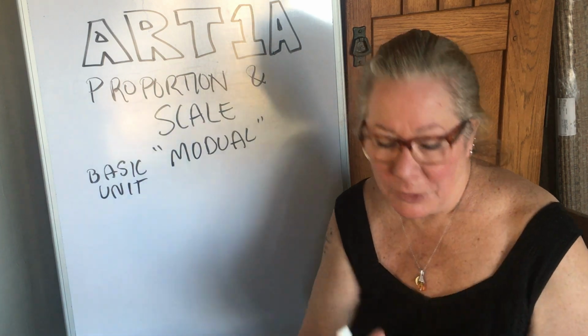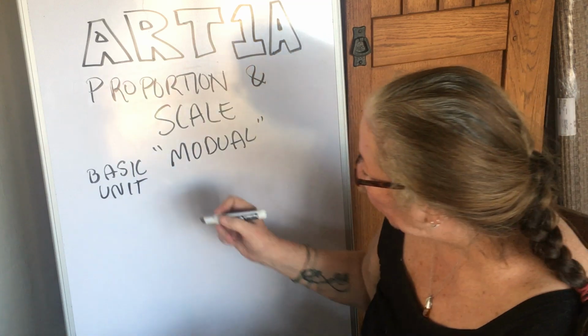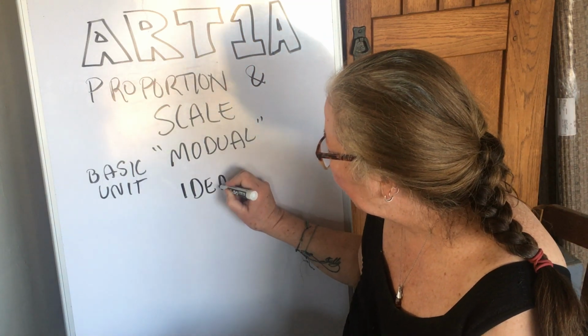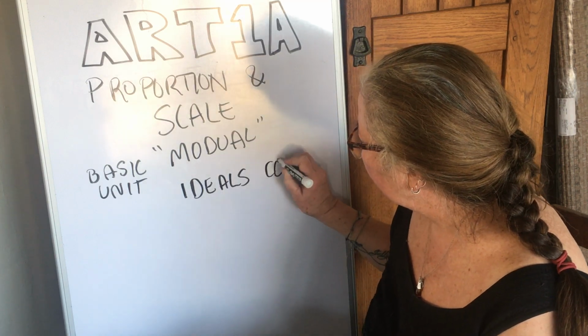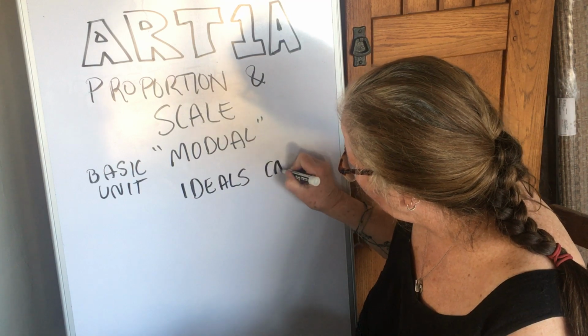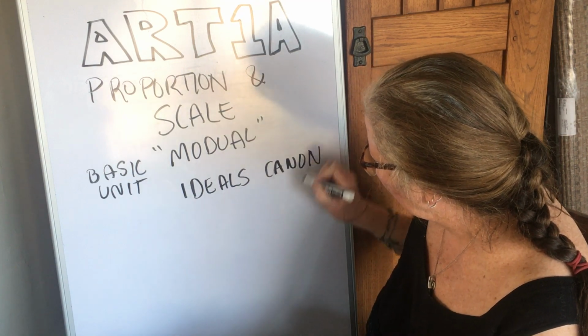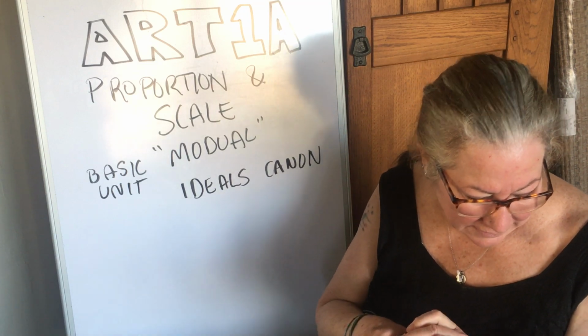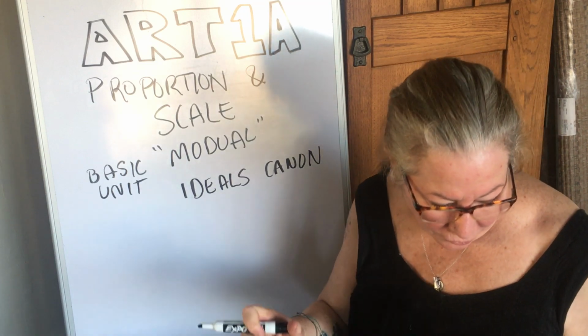We'll put correct measurement. These are often called ideals or canons, like the ideal proportion. So it's a canon of art, or a system or a method to measure.